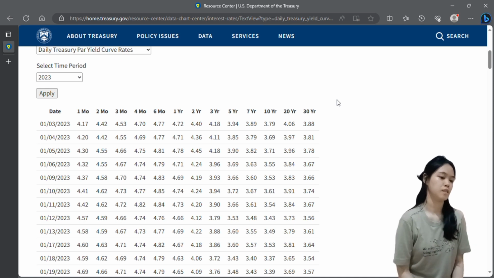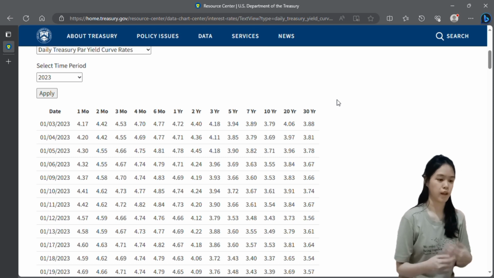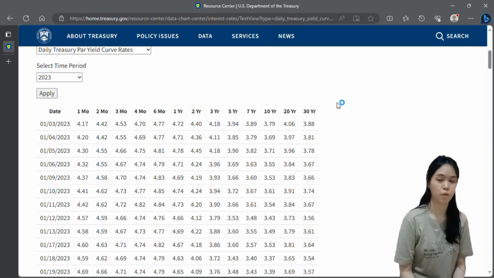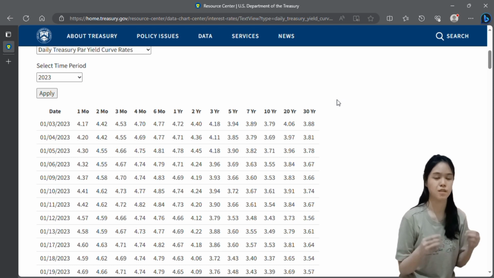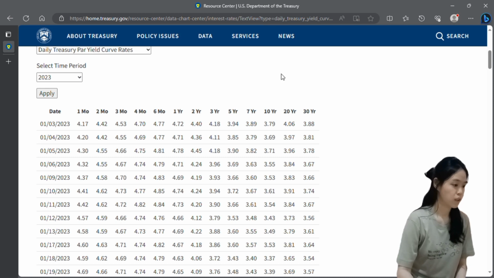And for today's video, I want to look at the bond yield data from 2018 until now, which is August 2023. So what I need to do is select time period 2018, and then click apply.